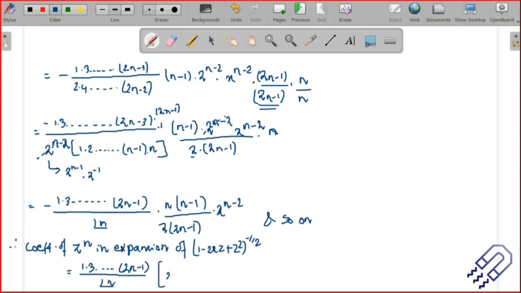And then this would be x to the power n, that was for the last term, and this is the second last term, so I'll take plus n into n minus 1 divided by 2 into 2n minus 1 into x to the power n minus 2 plus, and so on. I'm not going to write down the remaining terms.